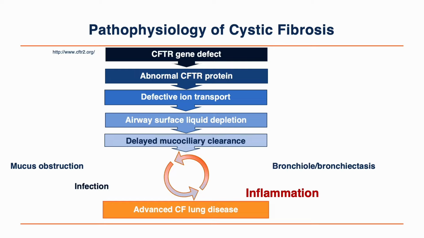And over time, this leads to the airways becoming dilated and the development of what we call bronchiectasis. This vicious cycle of mucus obstruction, infection, inflammation over time leads to scarring in the lung and what we call advanced CF lung disease, as we'll review in a few minutes.